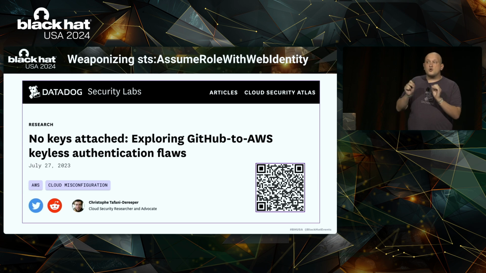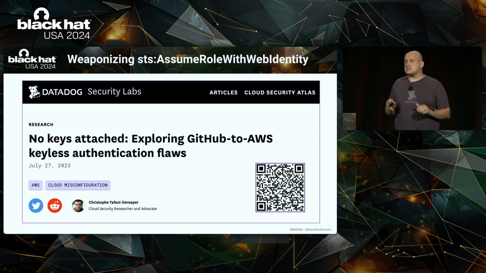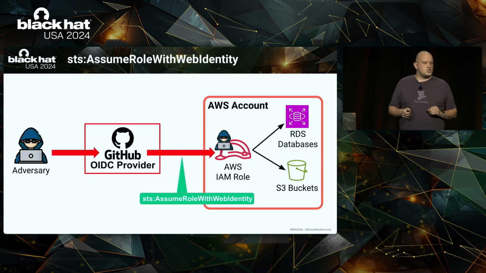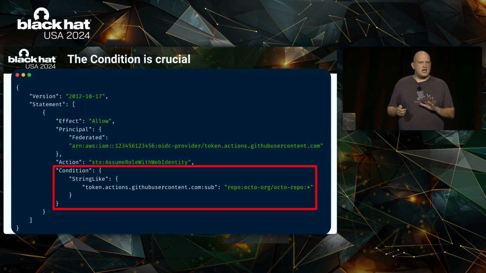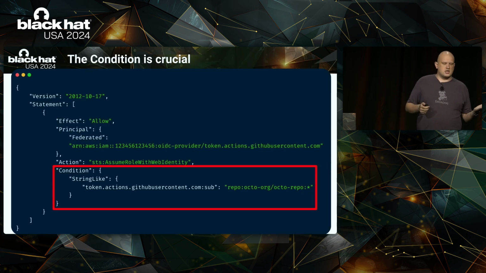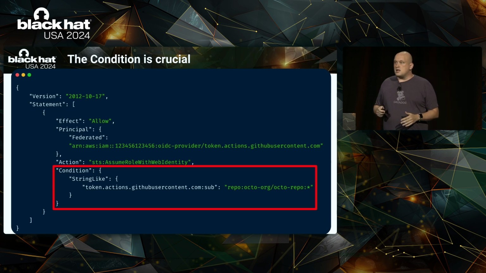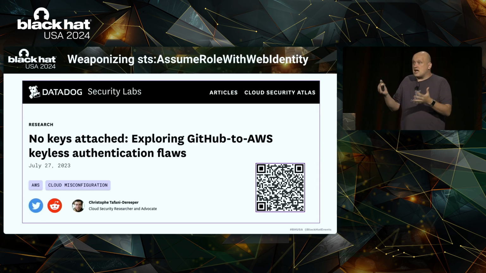Now, to AWS's credit, they actually did something about it. In response to this increased awareness, they made changes to IAM so that you can no longer create a vulnerable policy like this one. If you try to, you'll actually get an error and it will reject it. They made a once optional condition now mandatory. Now, this is great, fantastic. Really appreciate that, AWS.